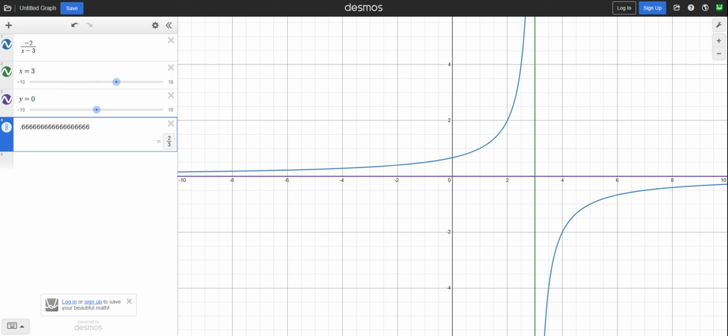Now when you graph, 3, 0 is going to be the first point you graph. Then 4, -2 is going to be the second point. And when you do, it'll graph your equation.